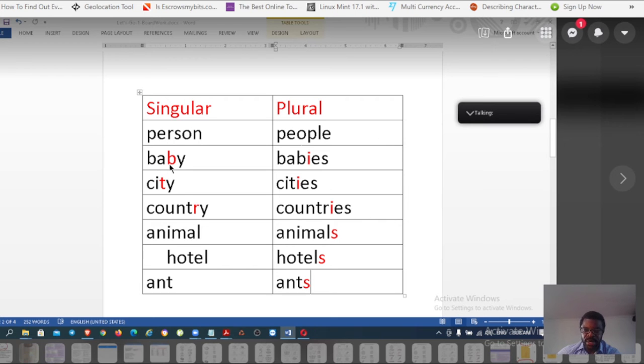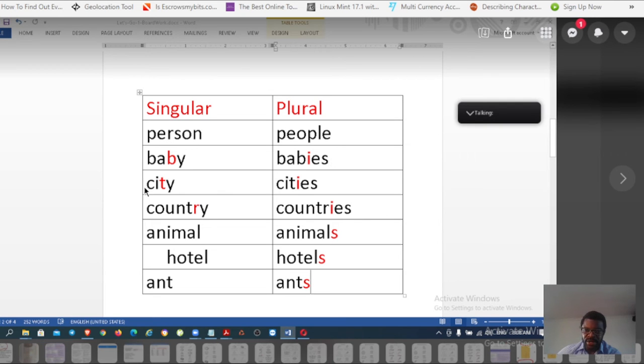Baby: you see here, I used red to highlight the letter that comes before the Y. If the letter before the Y is a consonant, we remove the Y and put I, then we add ES.